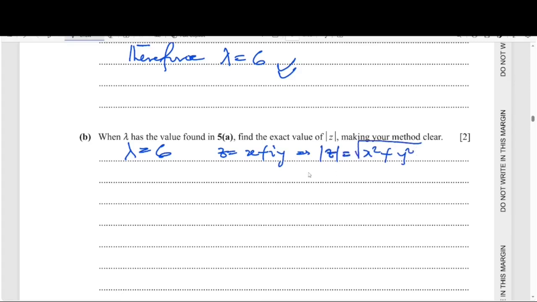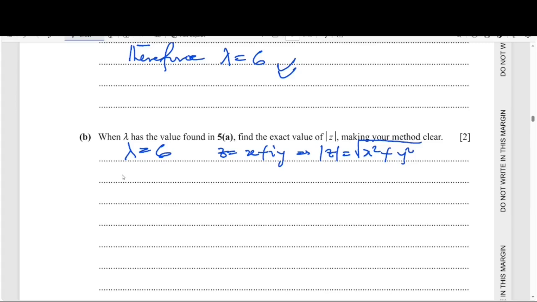So we need to substitute this 6 into the real part and then the imaginary part. But we already established that the real and imaginary parts are equal. So substituting this 6 into the real part only or the imaginary part only is enough for us to get the value of x and y.